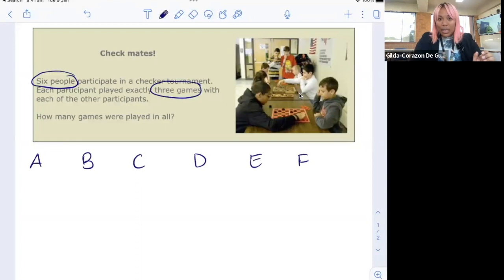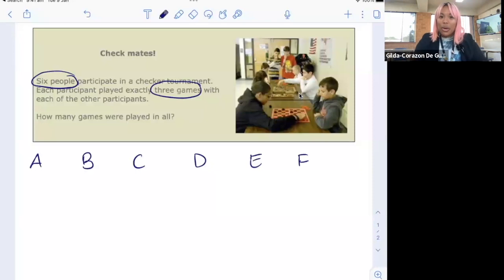Now, these 6 people are going to have a tournament and they're going to play a game with 5 of these other people, not 6, because they're not going to play a game against themselves. So they're going to play against 5 other people.